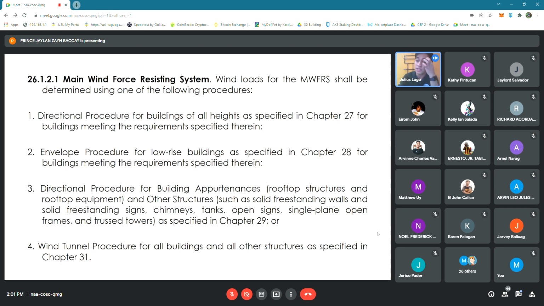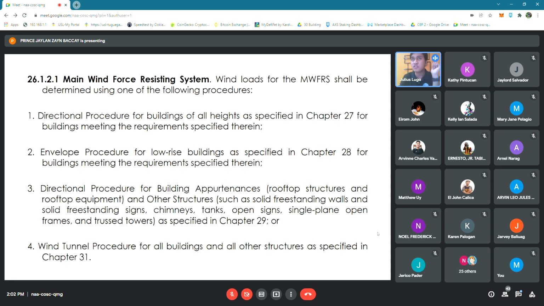So the directional procedure, the first one, is actually dependent on the height. Actually lahat naman sila dependent on the height. Okay, so yung directional procedure will be thoroughly discussed in chapter 27, for buildings meeting the requirements specified therein. And then we have the envelope procedure. This is for low-rise lang. Okay, low-rise buildings. And we have directional procedure for building appurtenances or rooftop structures and rooftop equipment and other structures.